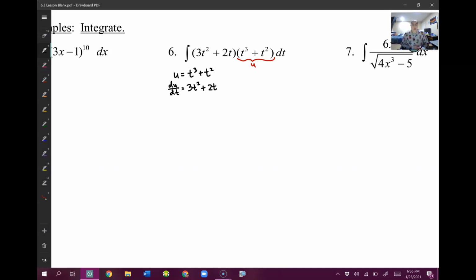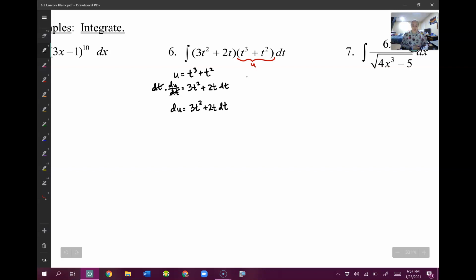Now I'm going to do one other step that might be a little weird at first. I'm actually going to multiply both sides by dt to take it out of the denominator and bring it to the other side, to get this. So I know that du equals 3t squared plus 2t dt.